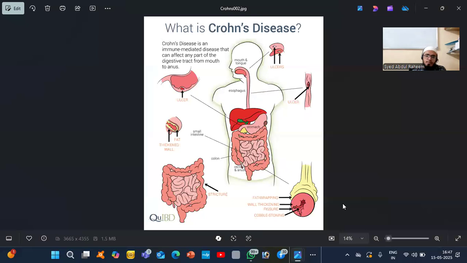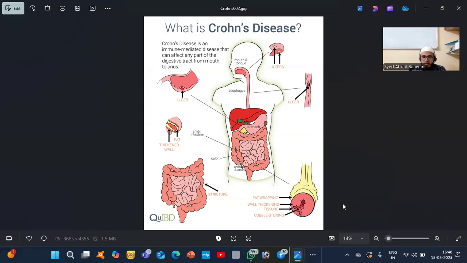For bowel TB and Crohn's disease, for diagnosis purposes, you have to do CT enterography. We studied about CT enterography. That is the important scan to be done for the diagnosis.